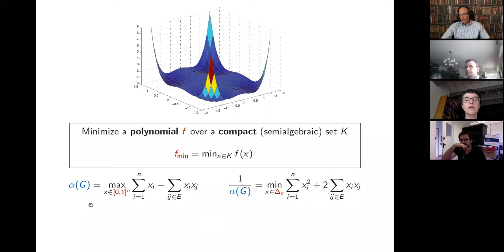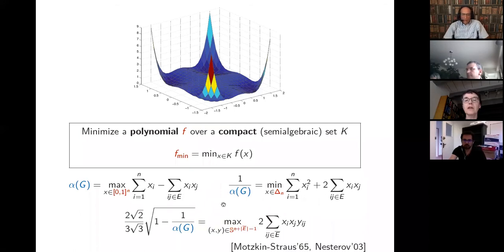Here we have an expression of alpha as maximizing this very simple quadratic polynomial over the cube. And here 1 over alpha, you get it by minimizing this quadratic form on the standard simplex. This is the Motzkin-Strauss reformulation.